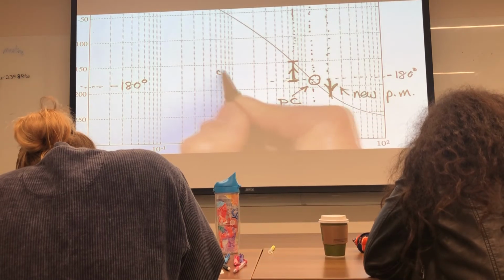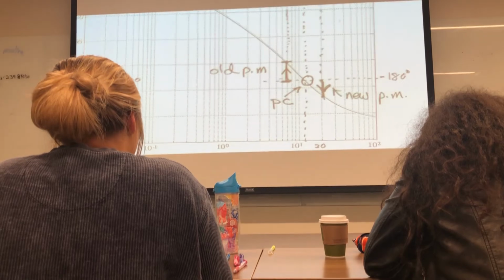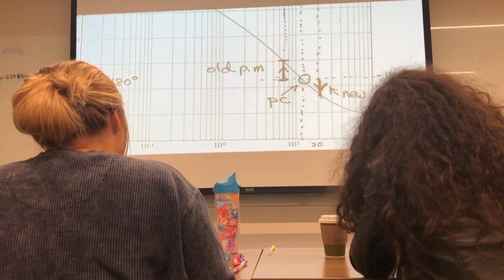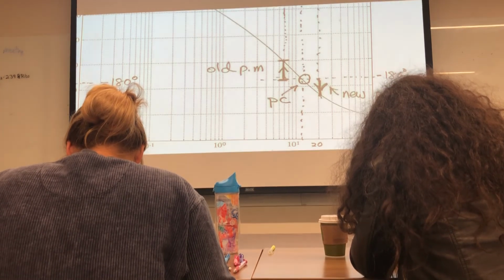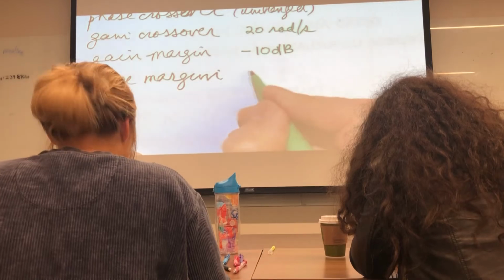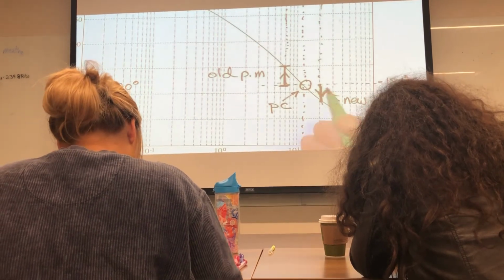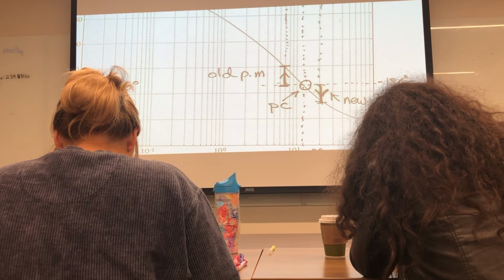This was the old phase margin. I'm eyeballing it, and that looks roughly the same length as that, so the new margin is about negative 30 degrees. The old margin was about positive 30 degrees.